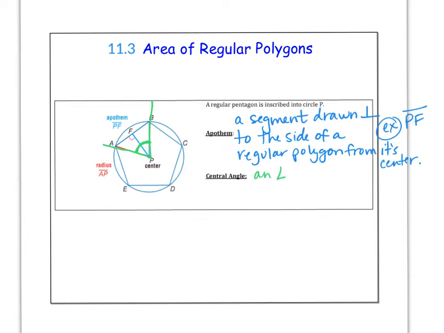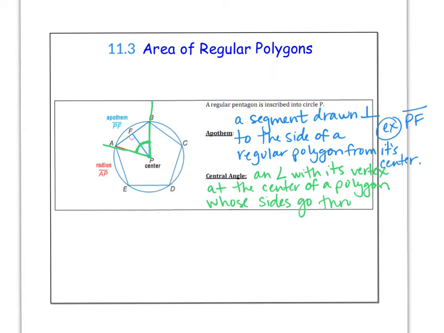It's an angle with its vertex at the center of a polygon, an angle with its vertex at the center of a polygon whose sides go through consecutive vertices.